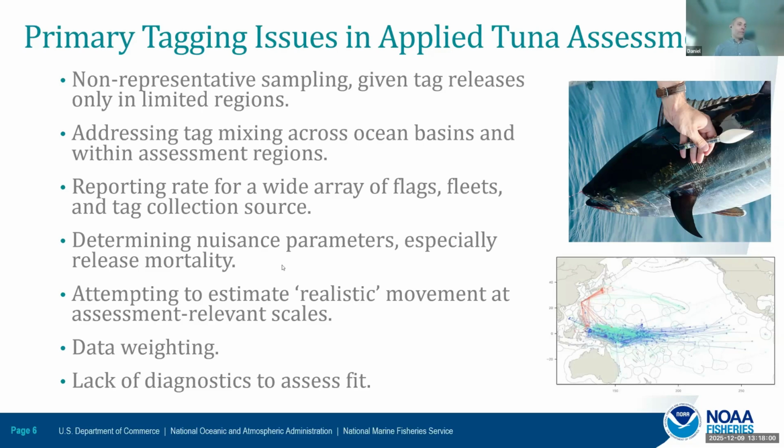And if anyone has worked with tagging data and tried to fit it in an assessment, the diagnostics for assessing the fit become really tedious and hard to visualize. You start looking at multiple spatial strata, multiple cohorts, and trying to look at, say, a residual pattern for tagging data becomes really difficult in comparison to, say, residuals from a single region survey or something like that.